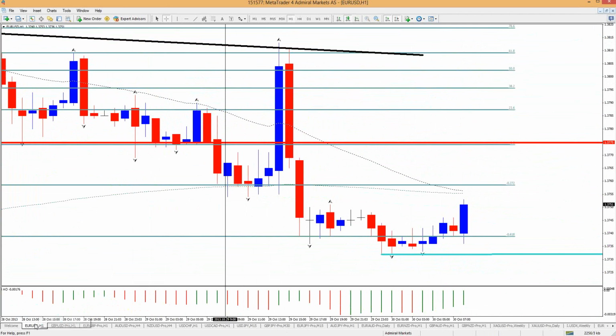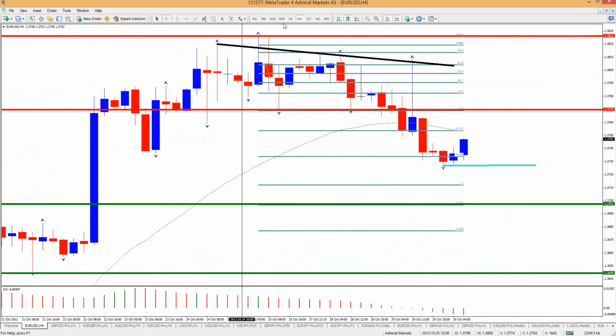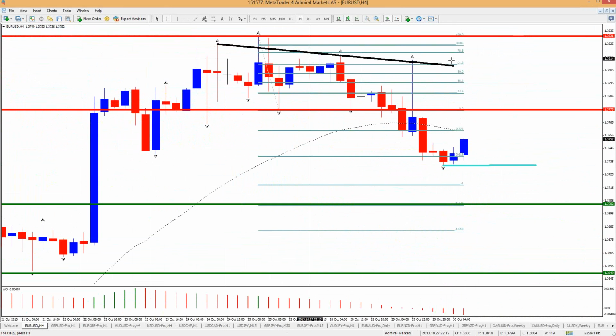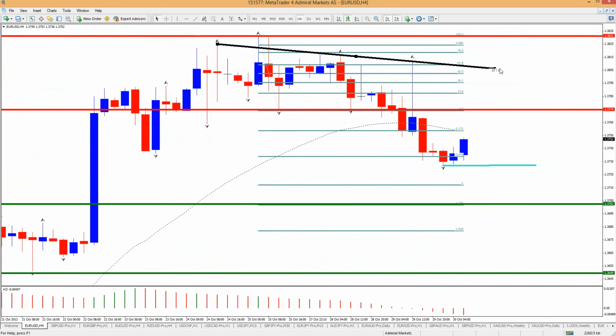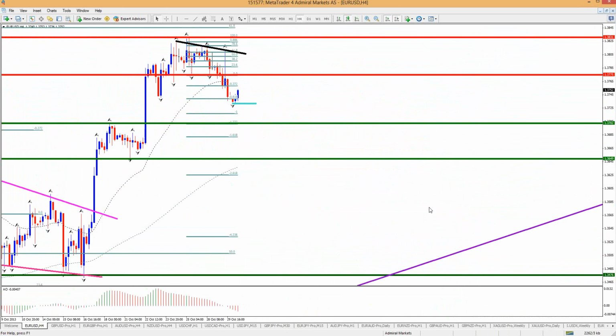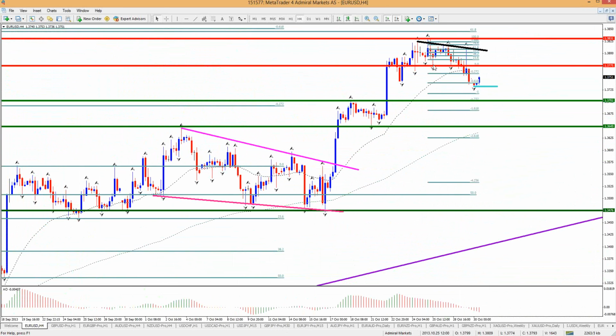WAFO is asking if we're looking at a short-term downtrend in the euro. Yeah, I think we do have that. For me to change that, we would need at least a lower high here.